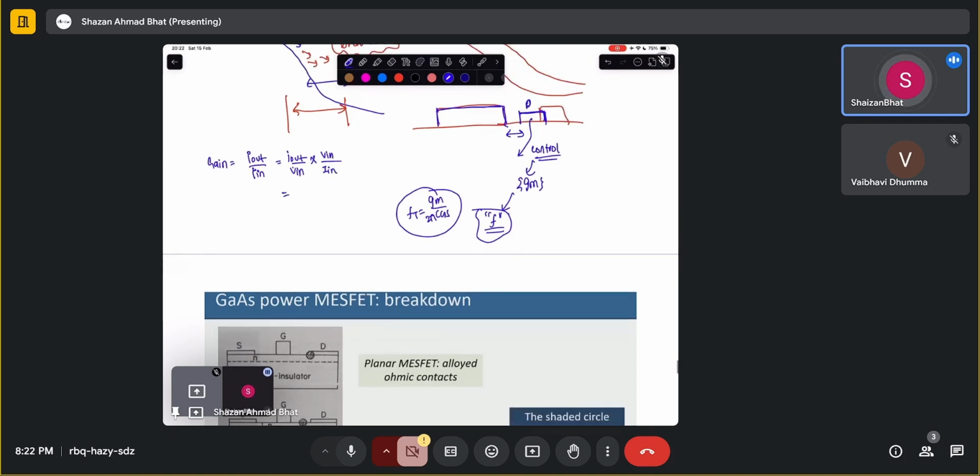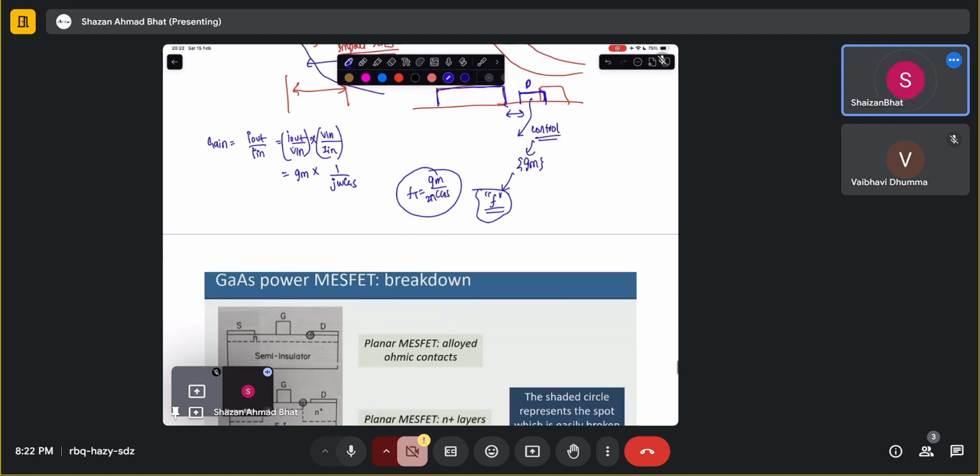So then you can write this particular thing as Gm multiplied by 1 over j omega CGS. Basically you can write it in terms of V in divided by I in.